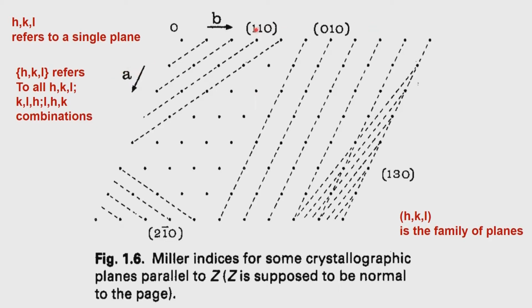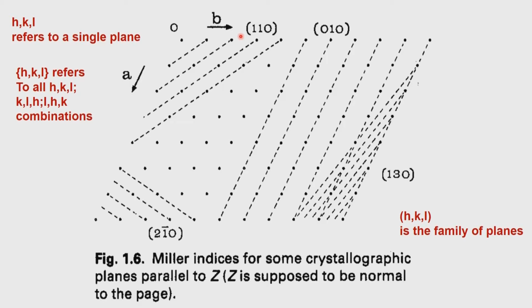So, if there is an atom sitting at, let us say 2 2 0, and there are 5 or 6 atoms sitting in 2 2 0, then it is not necessary that any atom need to sit at 1 1 0, but these are all parallel planes. Since they are all parallel planes, the family of planes is represented in brackets, and when we look at the scattering in a few minutes from now, you will see that the scattering is dominated by these planes.